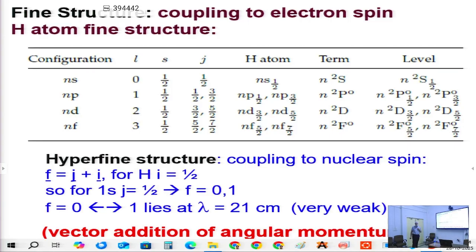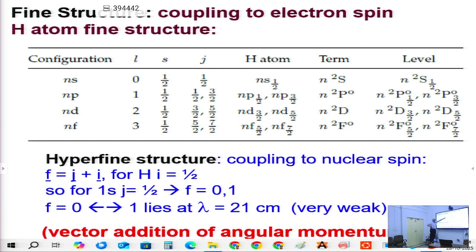So, getting straight onto that. Hyperfine structure, as you can gather by the name, is smaller than fine structure. And that comes from the nuclear spin. And the spin for the hydrogen atom is a half. So you have one more source of angular momentum. You take J, the quantum number for the fine structure, plus I, the hyperfine structure, and you add them together.